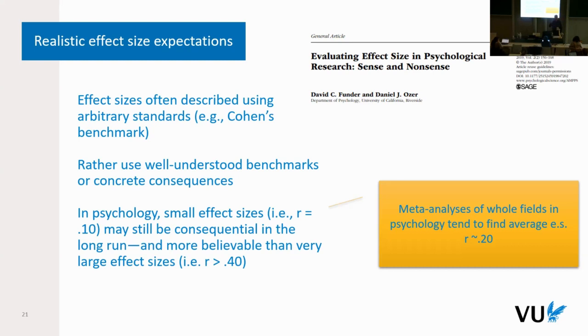Whereas in psychology, people often refer to Cohen's benchmark, where 0.30 is a moderate size effect, which is a large effect if you look at the total distribution of effects in our fields.